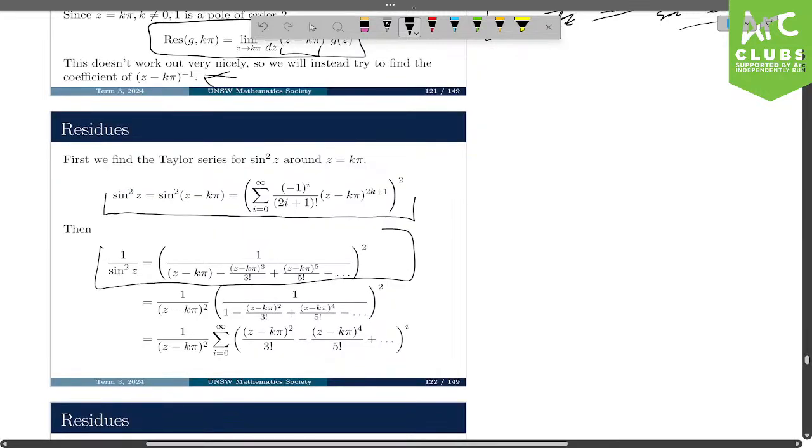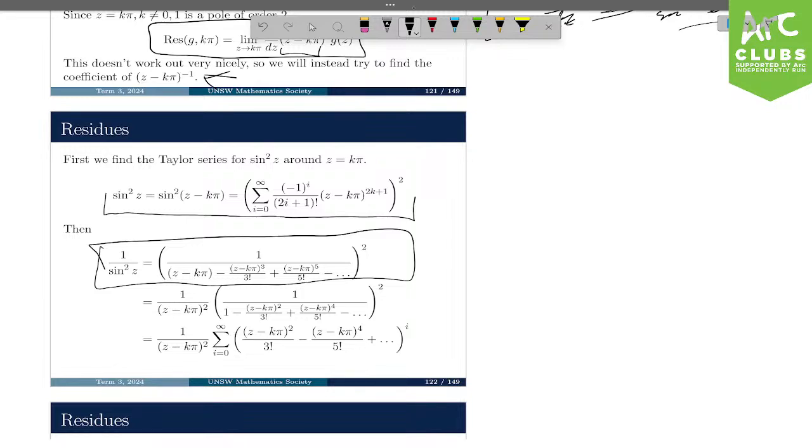We need to process the reciprocal. Now that we're processing the reciprocal, we want to factor out a certain value. Therefore, we can start talking about a summation. Okay?